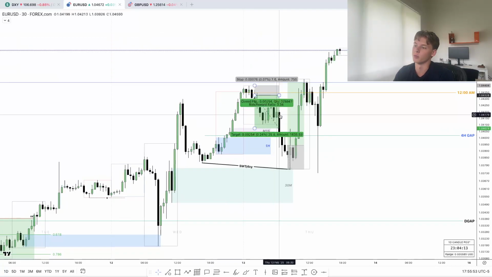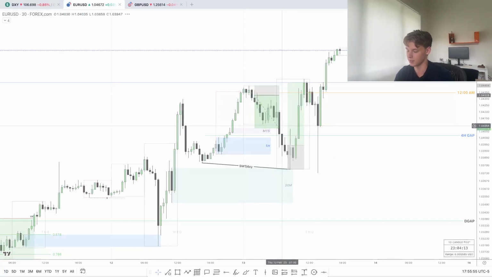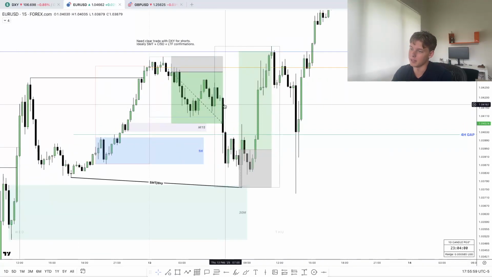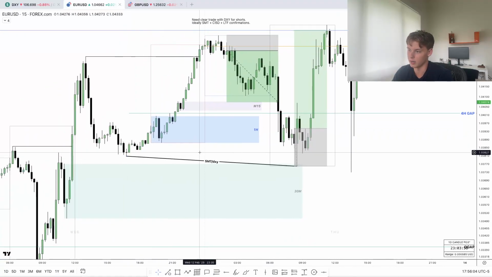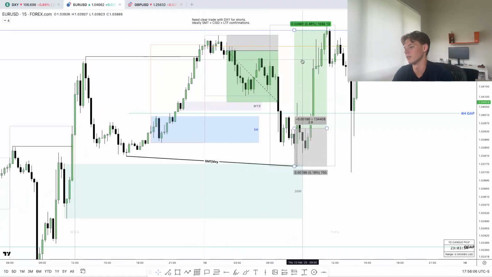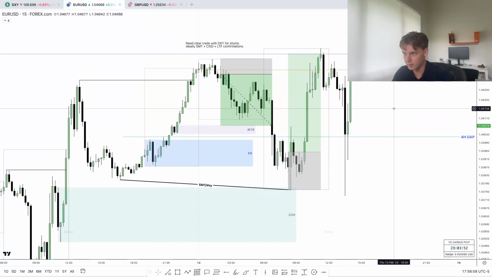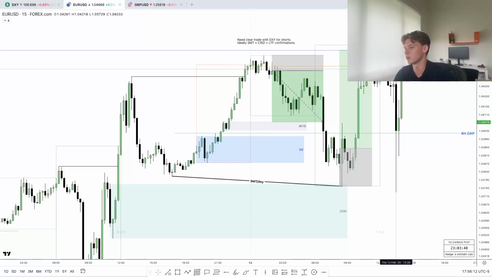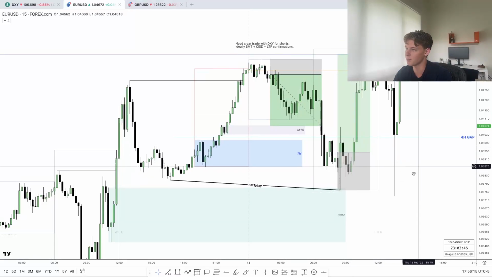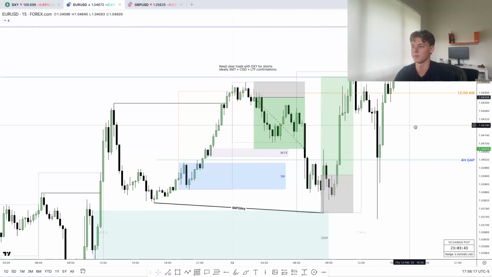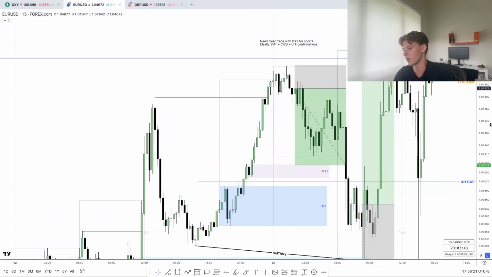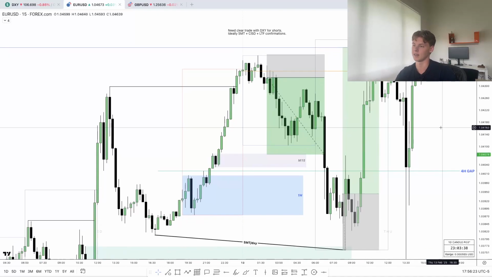And once price started really displacing here, especially on this 15-minute candle, I was like, okay, it's likely that we're about to break this low and that this is just liquidity in order for price to fuel the move back up. And yeah, this is exactly what happened. At 1:30, Trump did take this low out, but we would have just targeted this high anyways. So now let's go over the trades that I could have potentially taken yesterday.